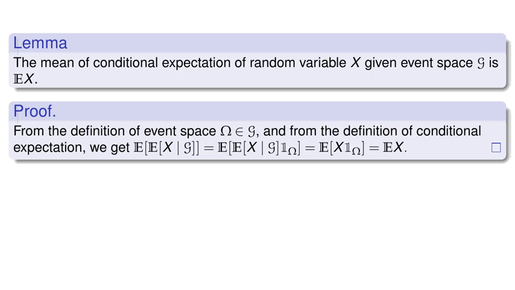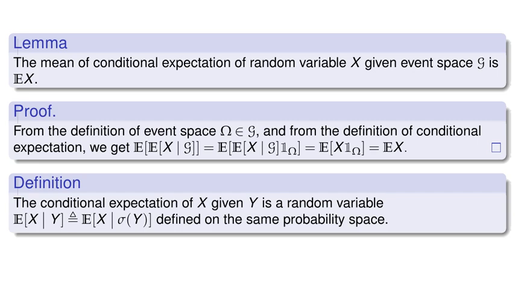By definition, the whole space omega is in the sigma algebra script G. Using the averaging property, part 2 of the definition, with G equals omega, we get the expectation of the conditional expectation of x given script G equals the expectation of x given script G times indicator omega, which must equal the expectation of x times indicator omega, which is simply the expectation of x.